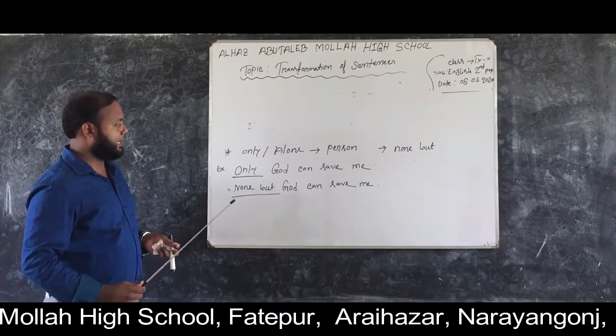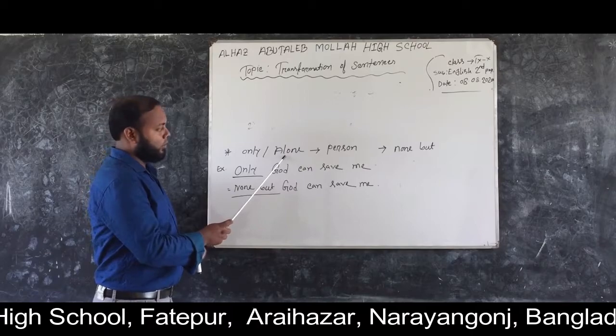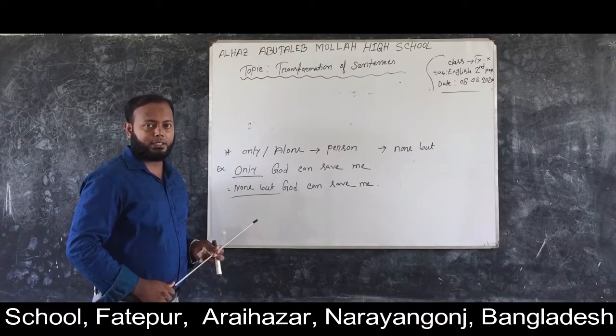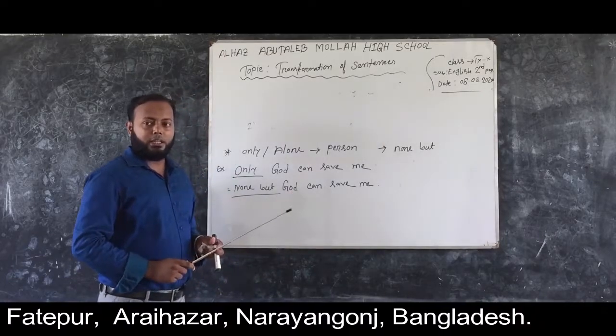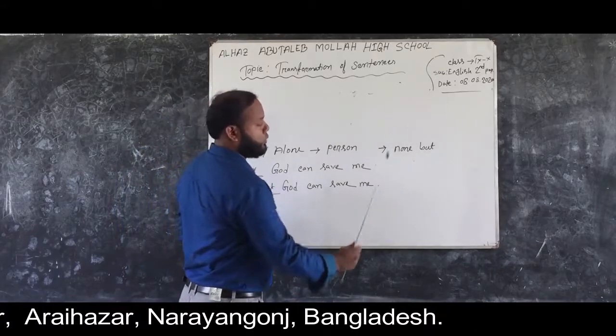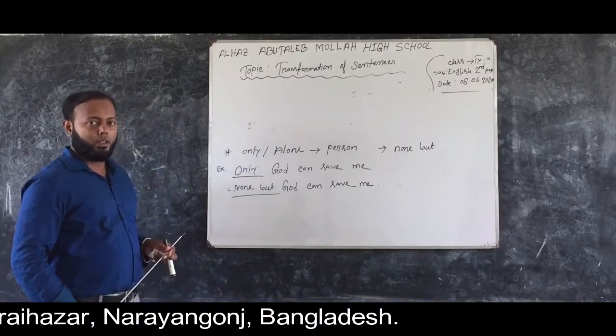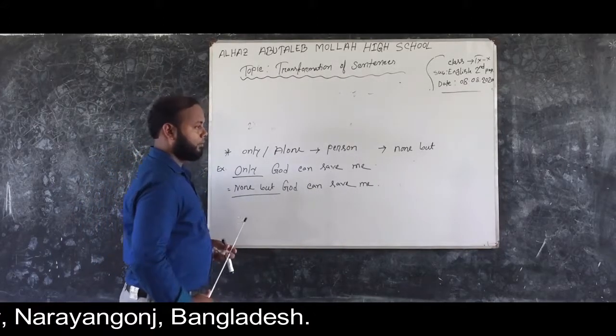For example, if you find only or alone in any affirmative sentence, and it indicates a person, then you have to use none but to change into negative. For example, only God can save me.